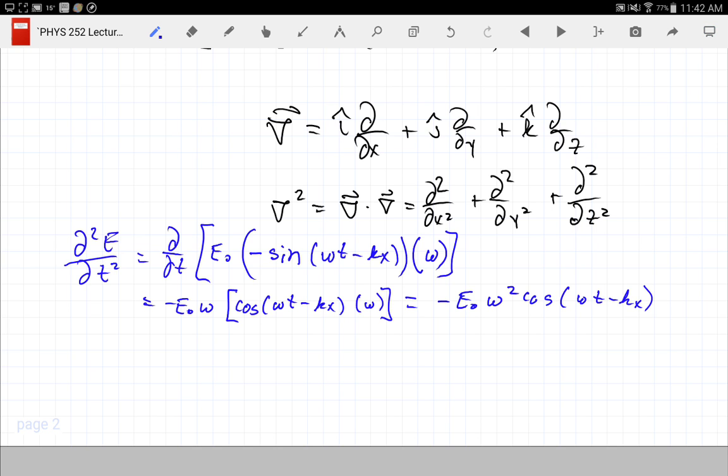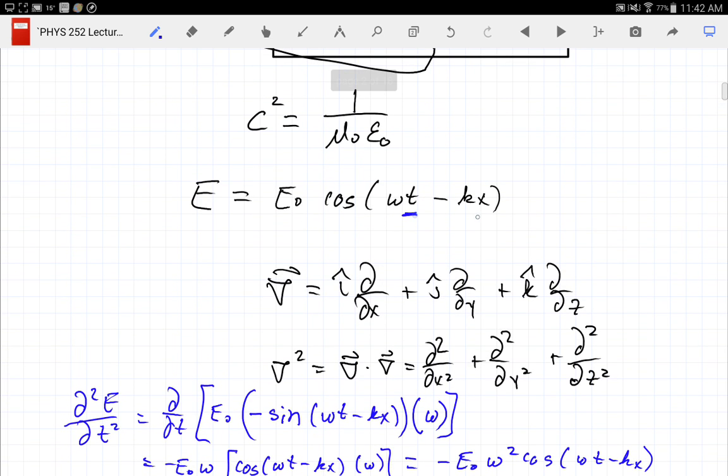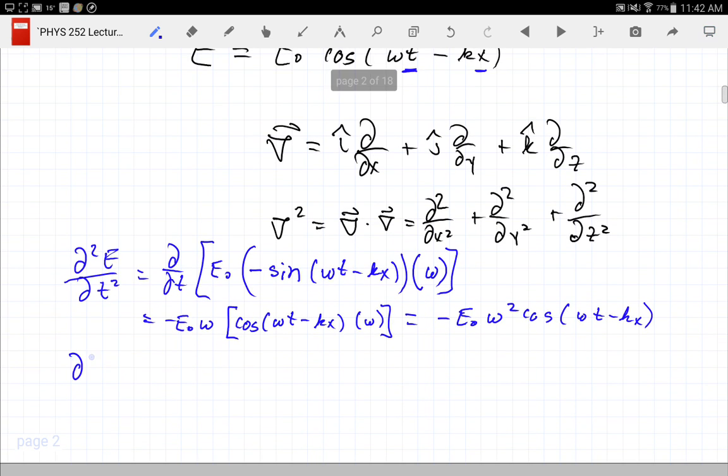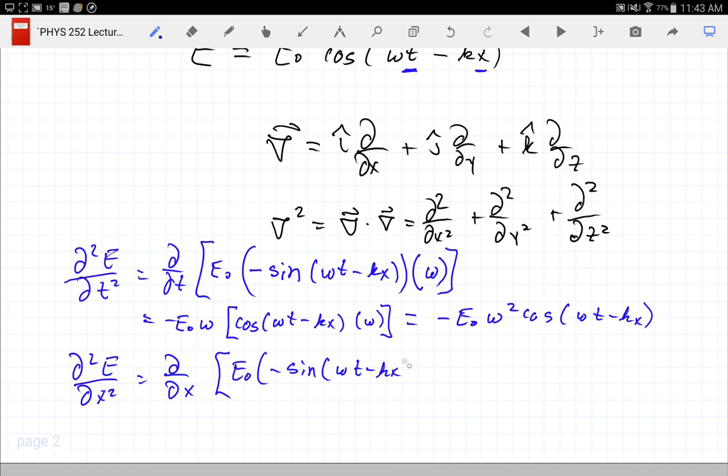Question? Can you identify the variables? The variables are time and position. So this is one variable, that's the other. Is that what you wanted? So then I do the second derivative with respect to position. And the derivative of the inside with respect to x. Just negative k. Yeah, negative k.